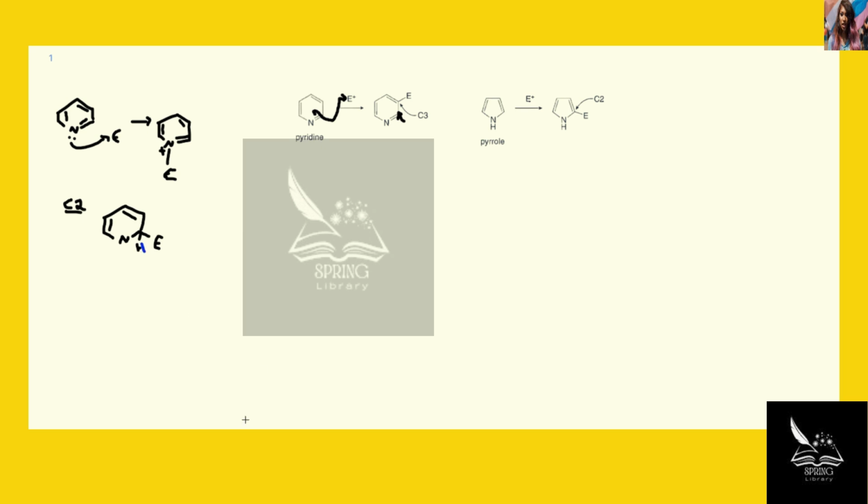So we'll draw the lone pair here, and we'll draw the carbocation on this carbon here. Now this actually makes it a lot easier to visualize.